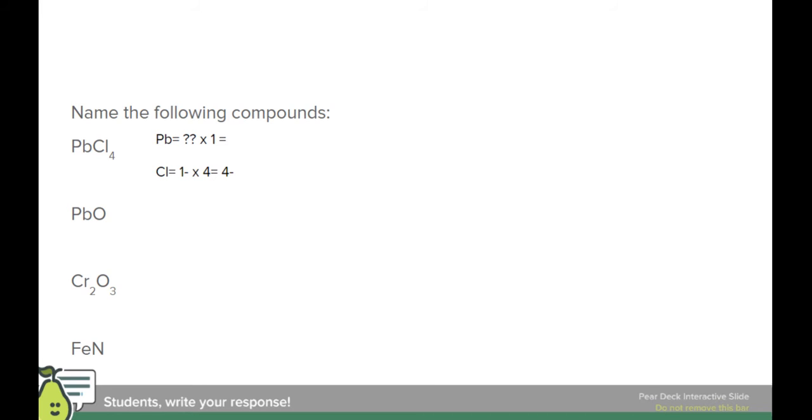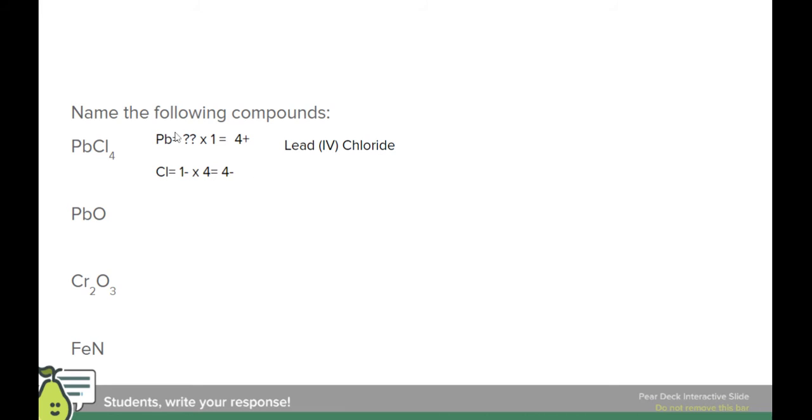My overall charge for chlorine is going to be a 4 minus. That tells me that the overall charge for lead has to be a 4 plus. And since I have one of them, 4 times 1 is going to be 4, right? So it's going to be 4 plus for my charge. So therefore, this is going to be lead(IV) chloride.